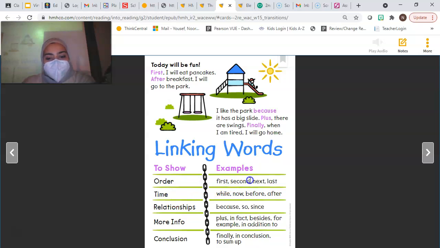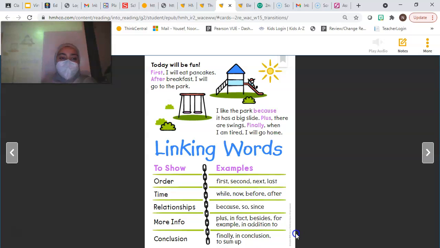Next to order, you're going to write first, second, next, last. Time: while, now, before, and after. Relationships: because, so, since. More information: in fact, besides, for example, or in addition to. And then conclusion: finally, in conclusion, or to sum it up. Yes, we are writing these down. These are very important linking words.